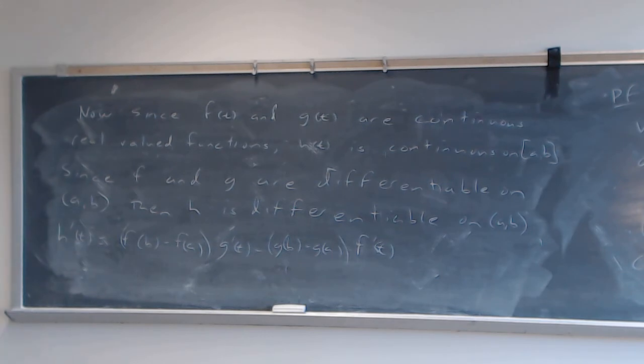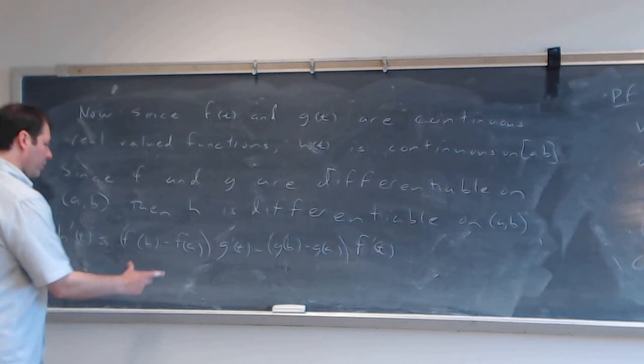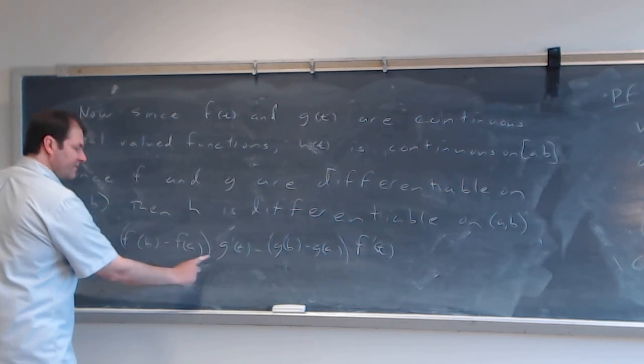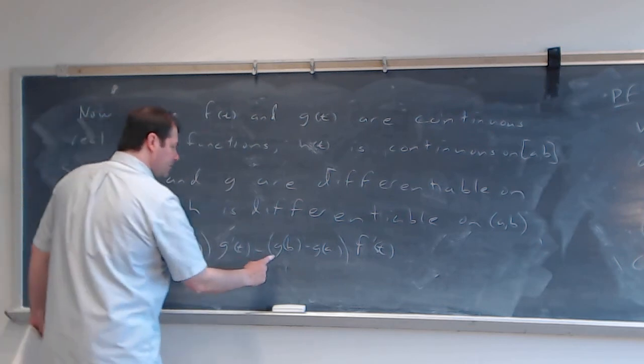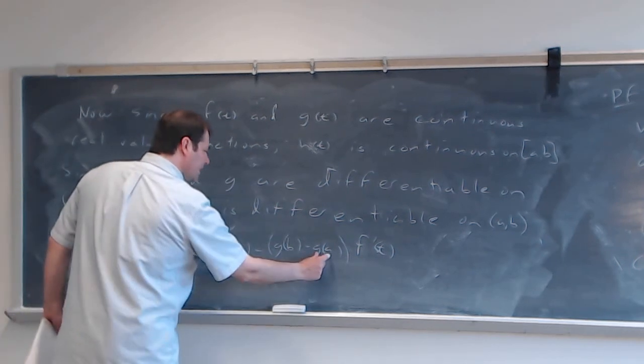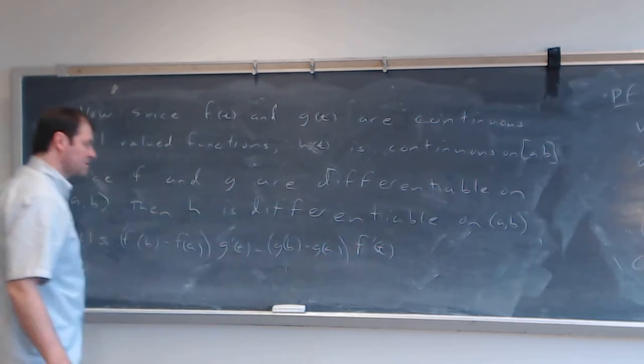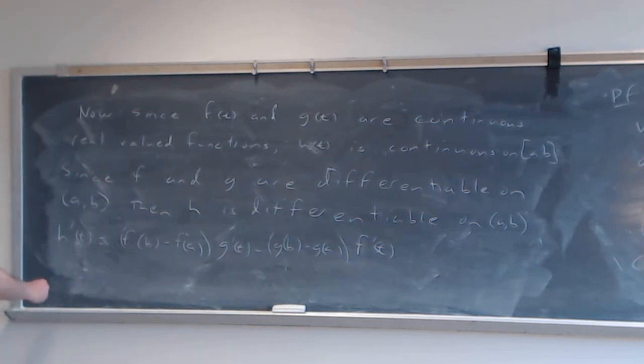What we're trying to do is show that there's this number x in a to b such that f of b minus f of a times g prime of x equals g of b minus g of a times f prime of x.